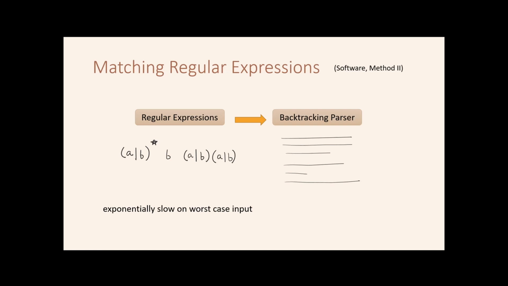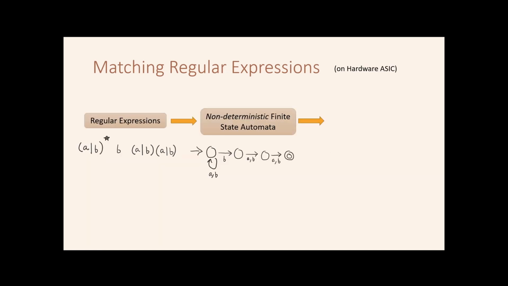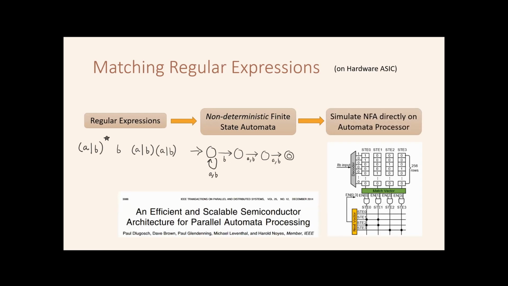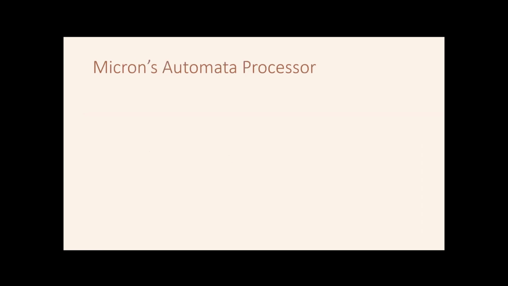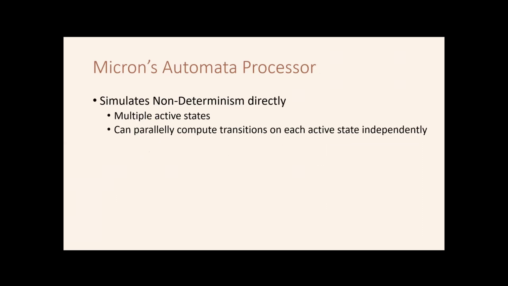Another method which is not that talked about is matching directly on hardware ASIC. So here we have a non-deterministic automaton, and we are going to directly simulate this on an ASIC called the Automata processor. The Automata processor was originally introduced by a company called Micron, and it's very fast because it simulates non-determinism directly.